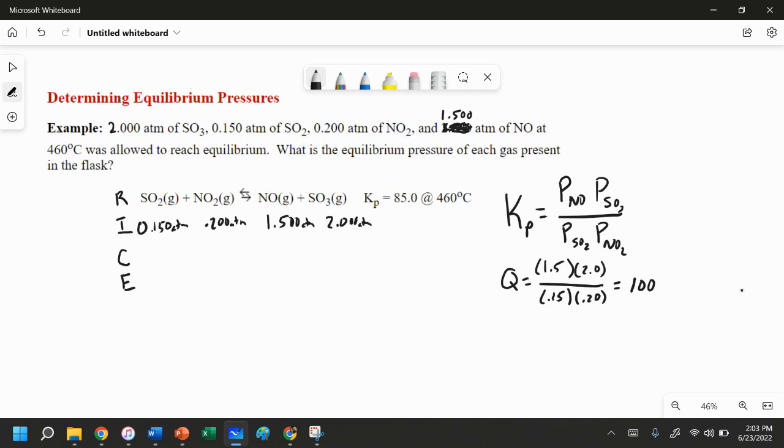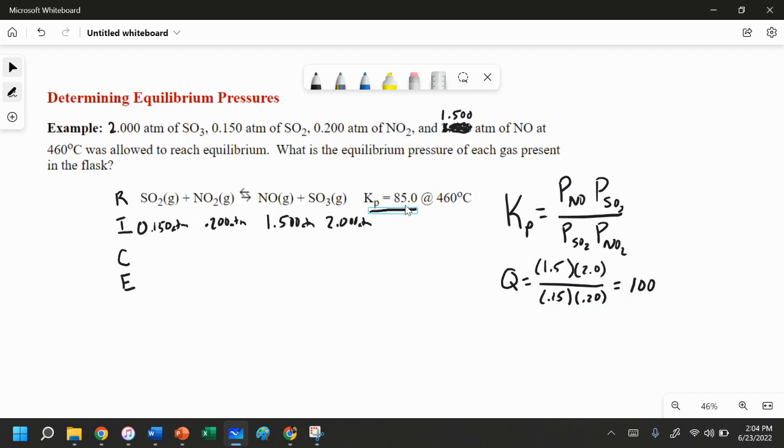Now notice we're given the Kp value in the problem. It's 85, and this Q value is 100. That means that our numerator in our Q expression is too great compared to what it will be at equilibrium. So our products are going to shift and make more reactant, and that will bring this Q value down to our equilibrium constant value of 85.